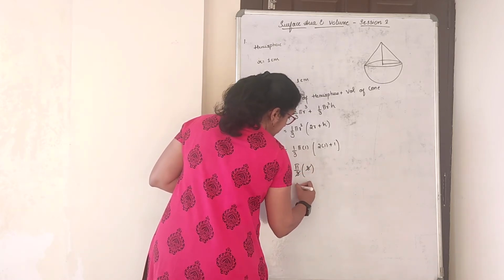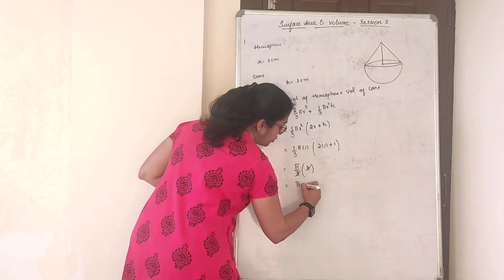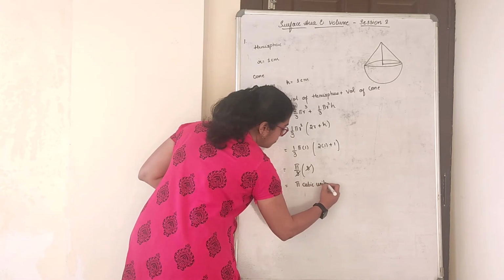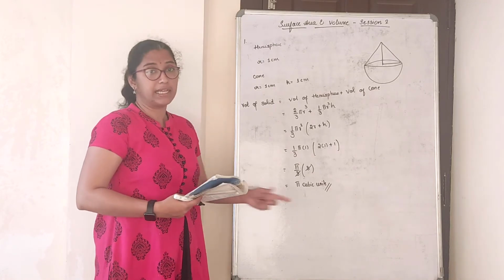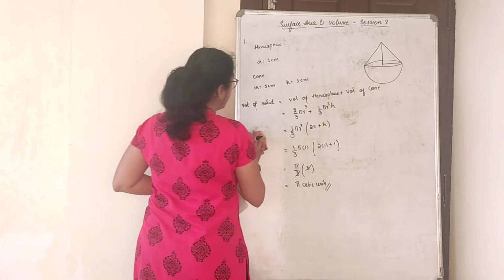The answer is in terms of pi. It is a volume, children, so it should be pi cubic units. Did we give the answer in terms of pi? Yes, we got it in terms of pi. Very simple, it was the first one.